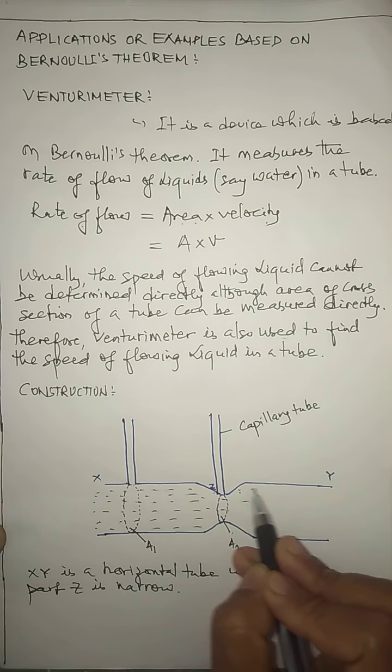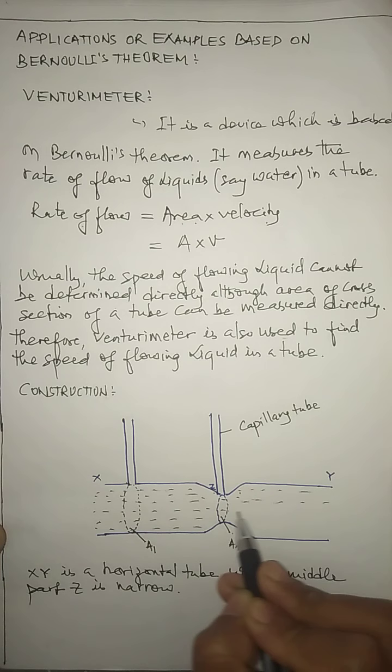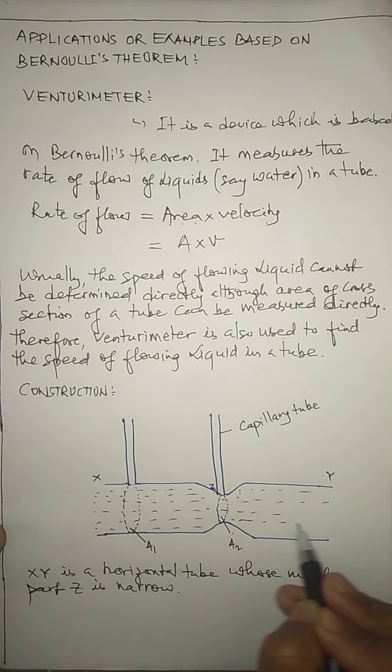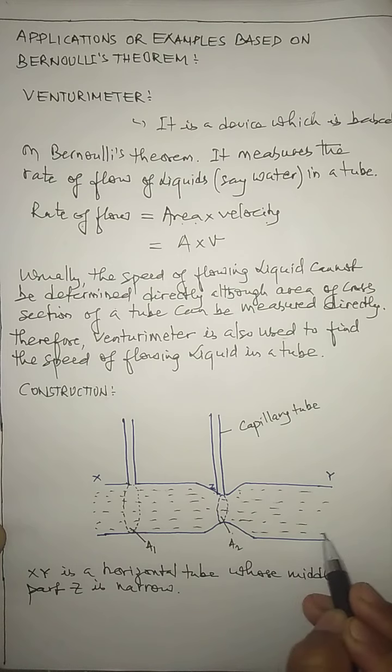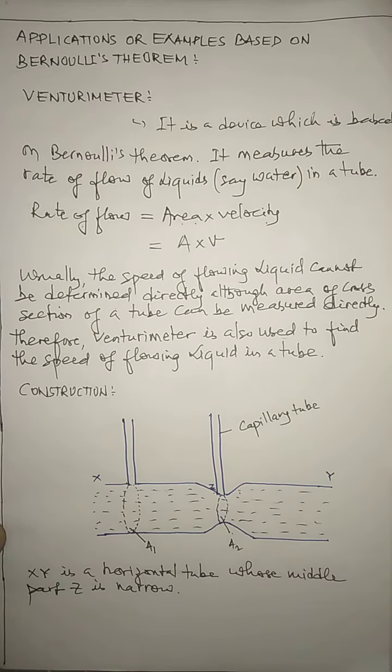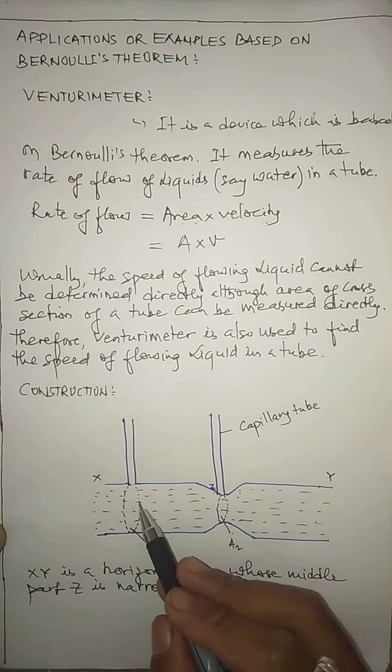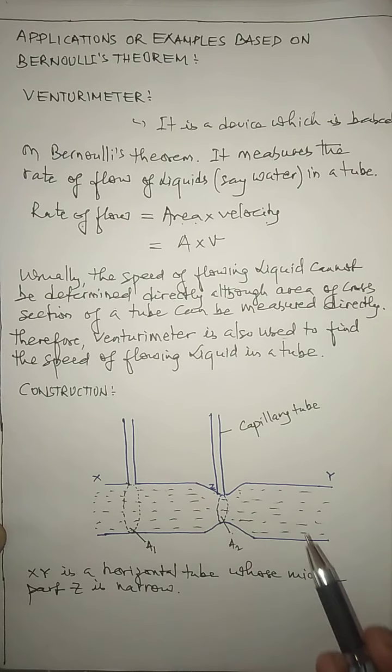So the liquid flows this way. But this flow is also a what flow? Streamline flow. So there is a consideration in this instrument: the flow must be streamline flow. The tube must be a horizontal tube having different cross sections at its ends, and the liquid which flows is an incompressible and non-viscous liquid.